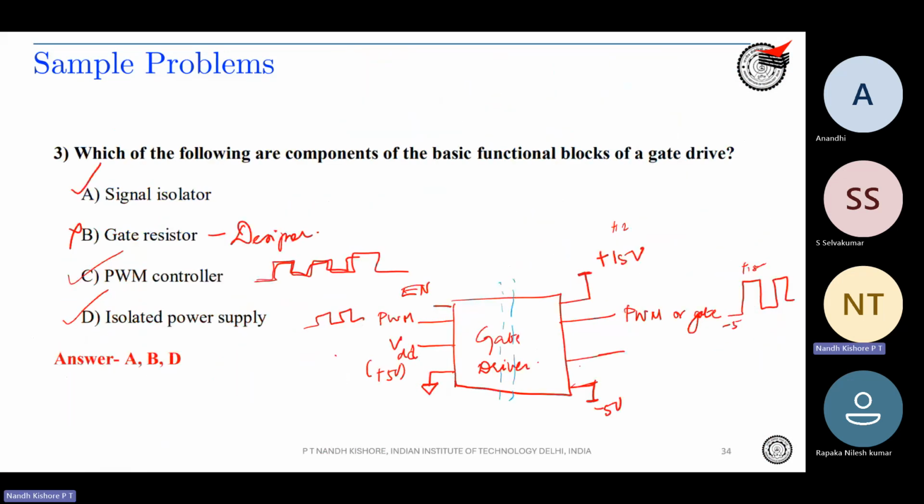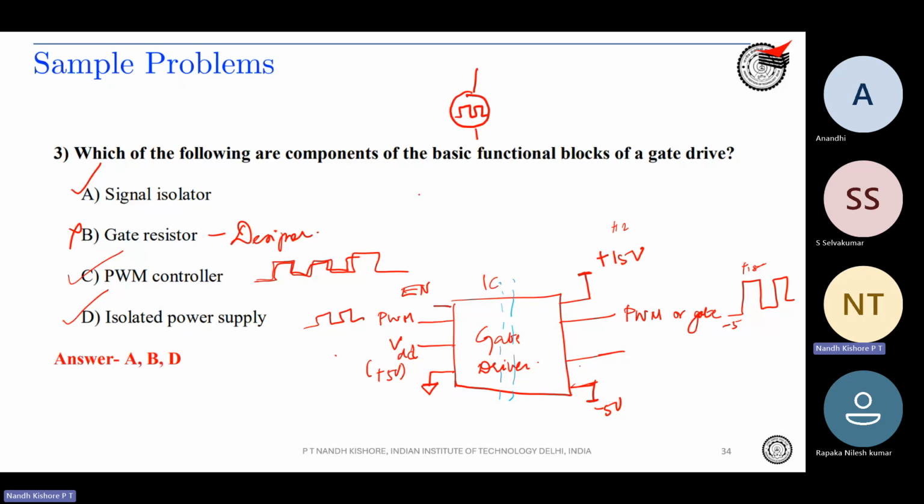Which of the following are basic functional blocks of a gate drive? Signal isolator, gate resistor, PWM controller, and isolated power. Okay, so I was talking in terms of a gate driver IC. But the question is not really about the gate driver IC. Thanks for pointing it out. They are asking for a gate drive circuit. If they are talking in terms of a gate drive circuit, we can approximate something like this, right?